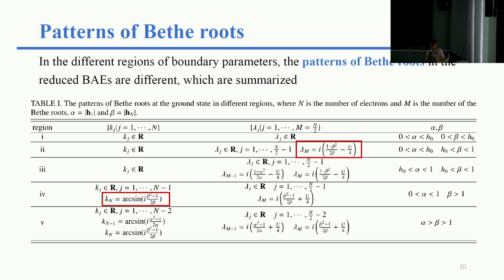We need the numerical results to give this table. So we choose some special ones, and then we prove that it is right for all the boundary conditions.